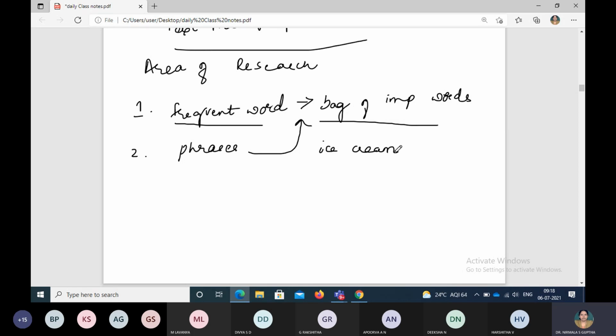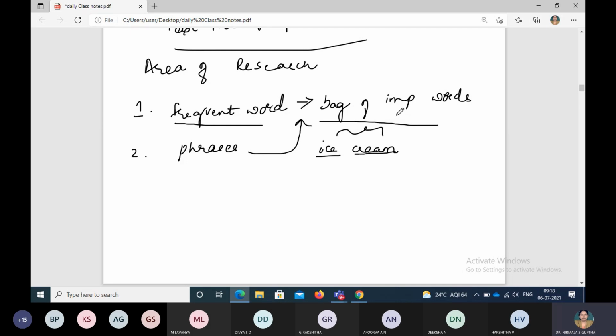After identifying it, now we are trying to say that ice is one phrase and cream is another phrase. So they act like two different keywords, but they often go hand in hand as one word.